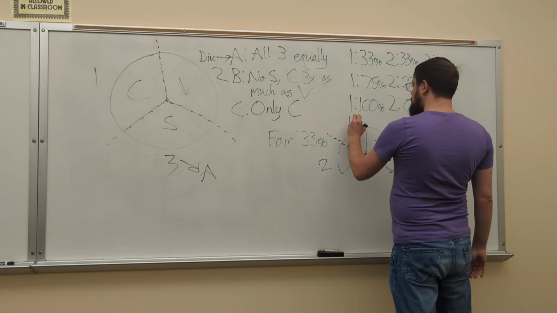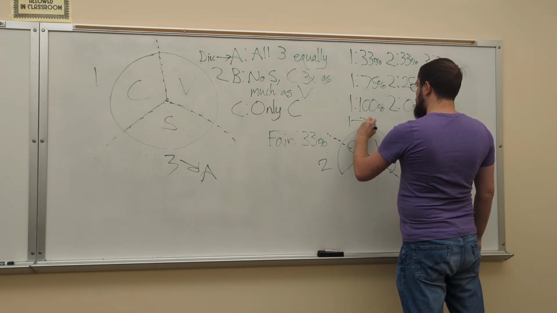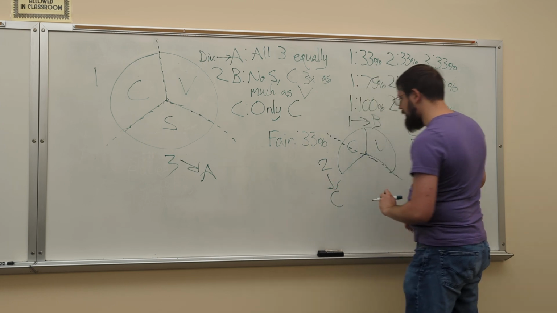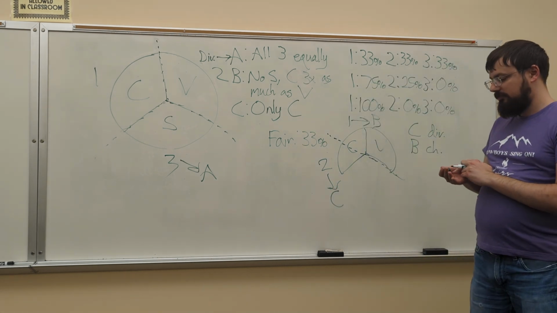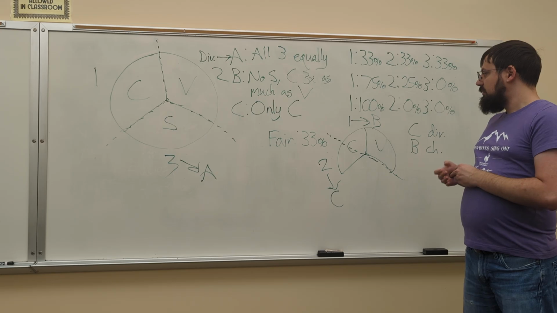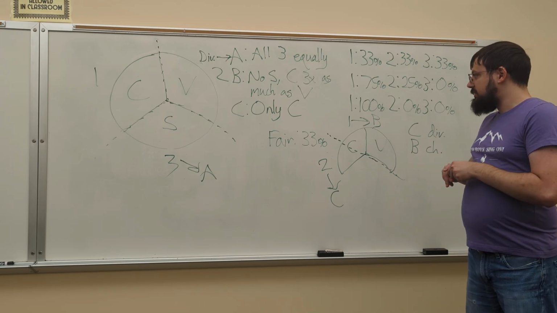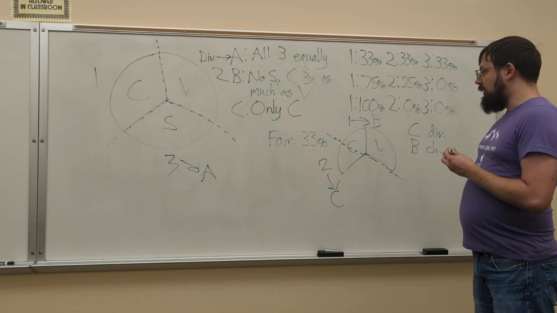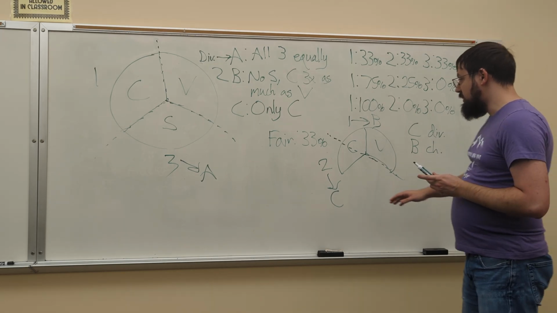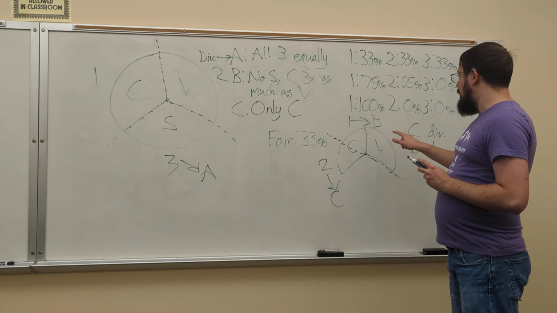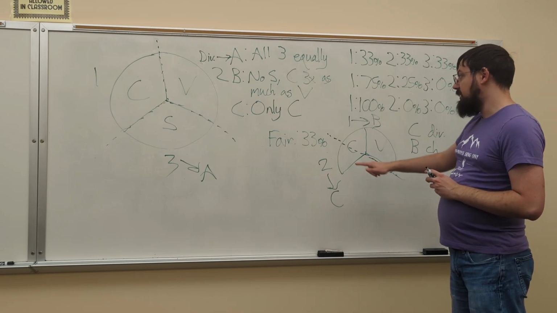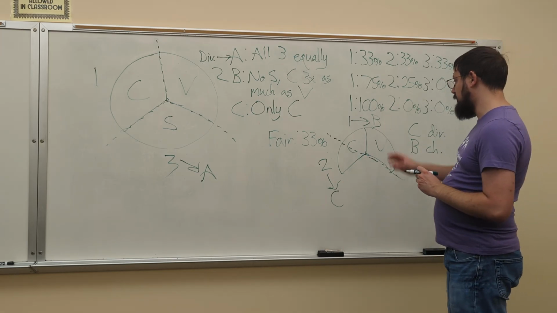So share 1 in this case will go to player B, and then player C is left with share 2. Note that for player C, this share is worth 50% of the value of the whole cake because it's half of the chocolate share.